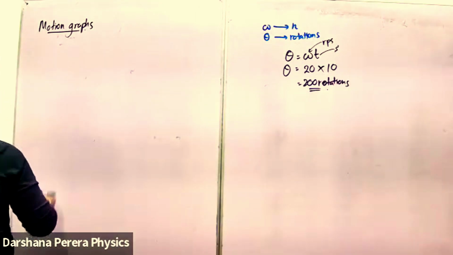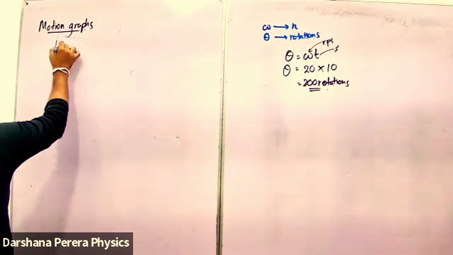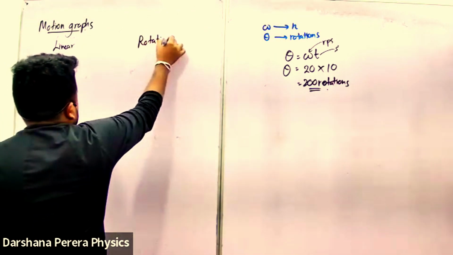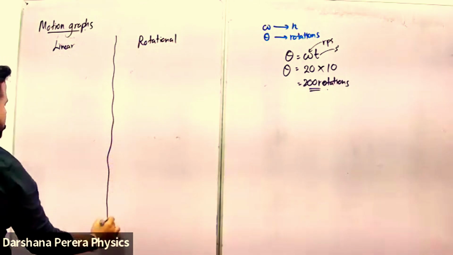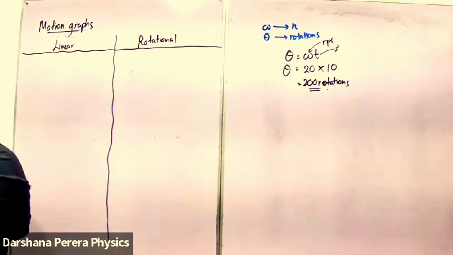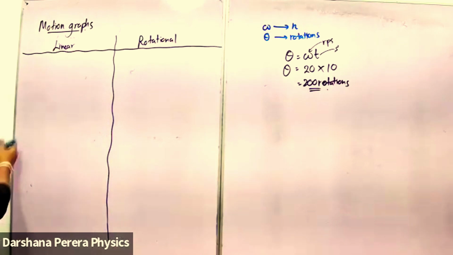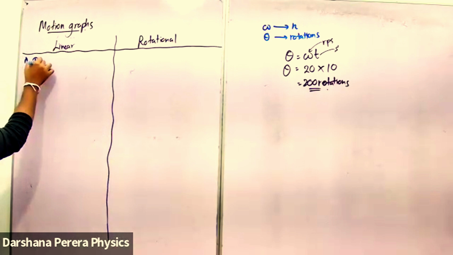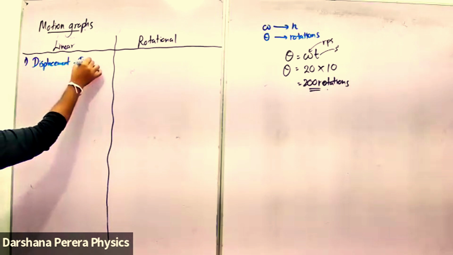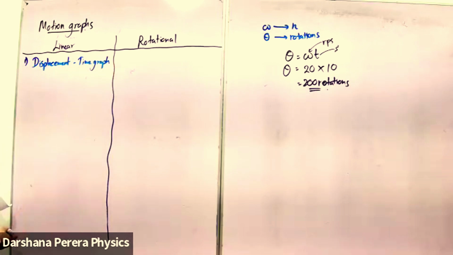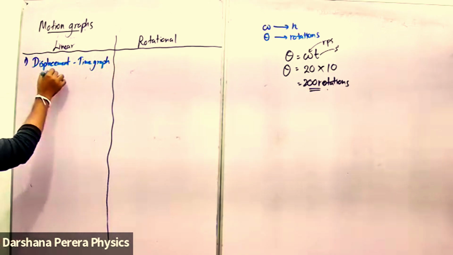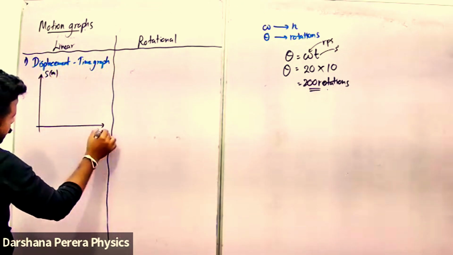Let's take linear first. In linear motion, the first graph is the ST graph, that means the displacement time graph, with S in meters and time T in seconds.